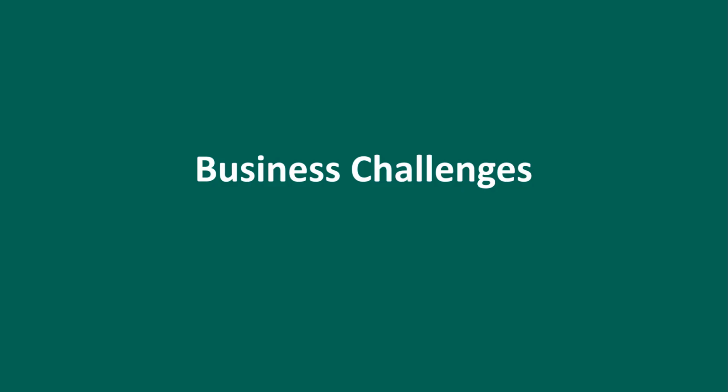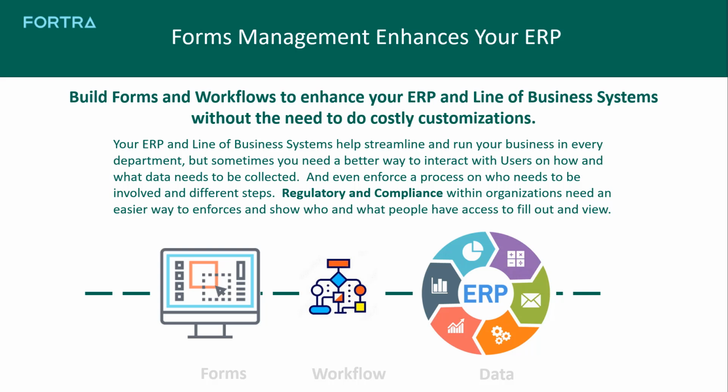All right, let's start with the topic of business challenges organizations are facing today. Your IBM i and ERP line of business systems are the backbone to your organization that control your business data and processes. In some cases, your business systems may have forms built in as part of the system that users interface with.